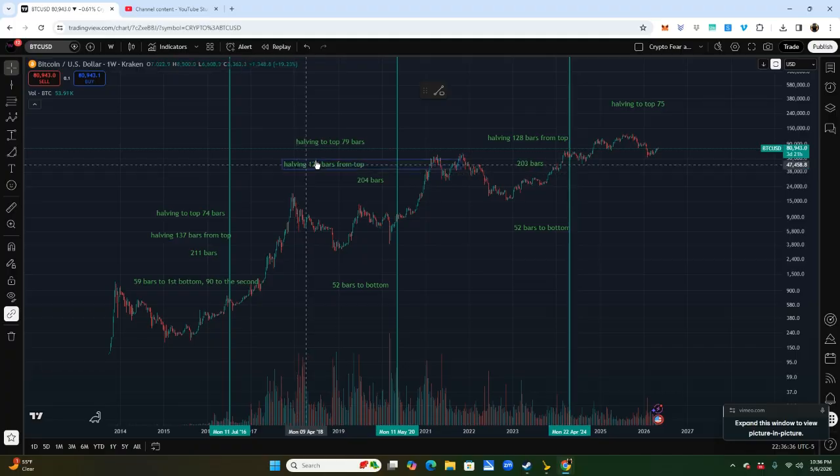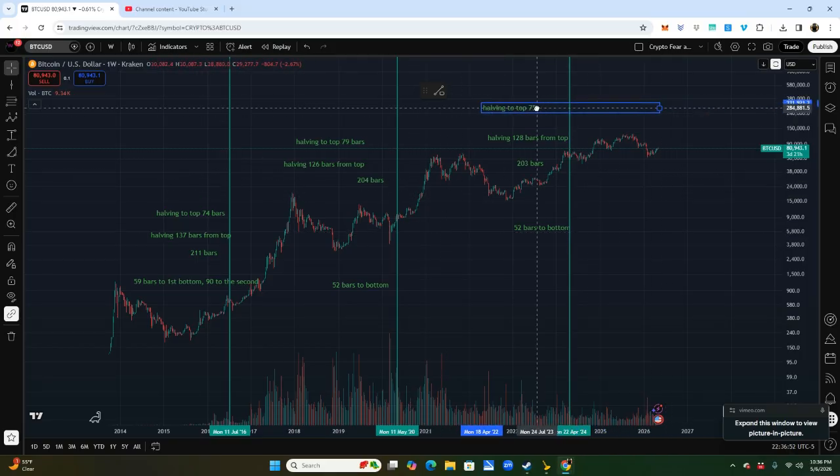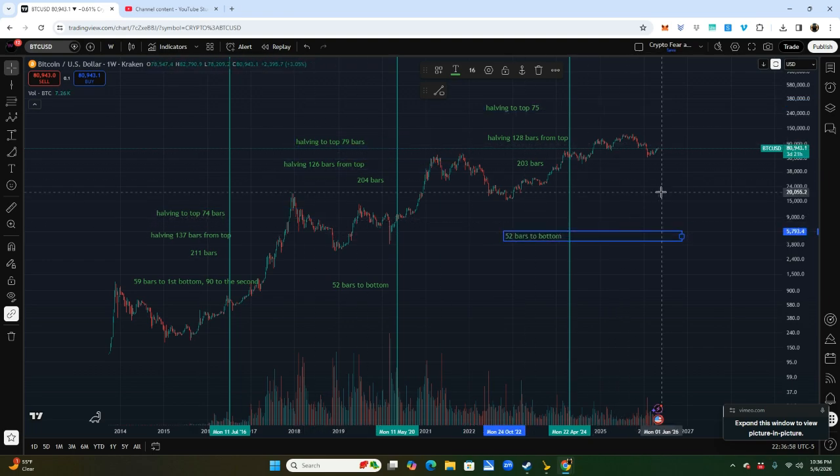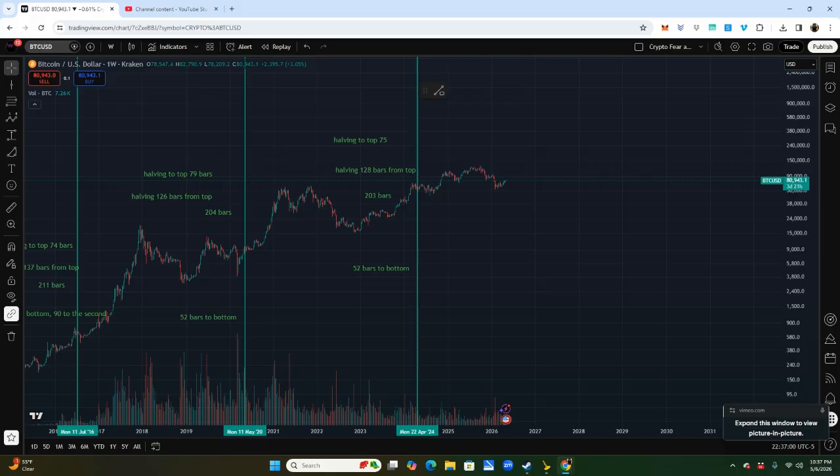So on these previous cycles, 74, 79, 75. So let's look at the next halving here.